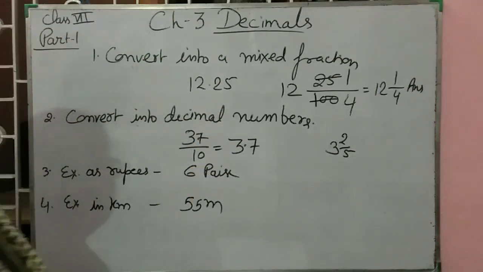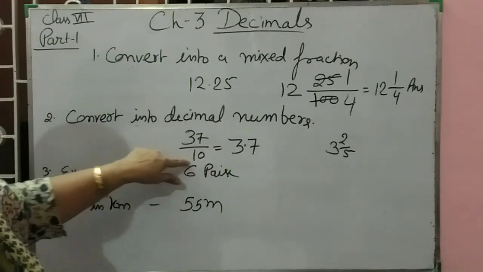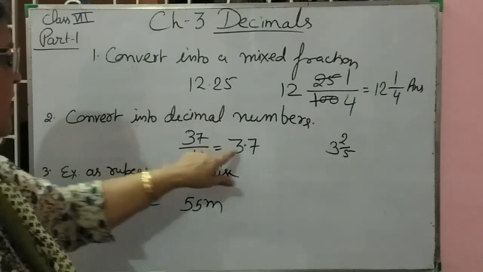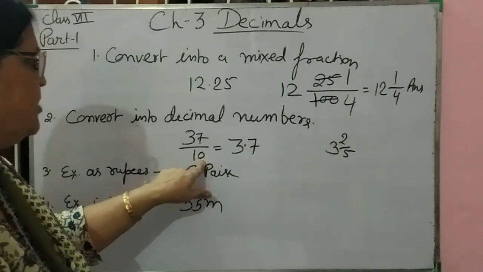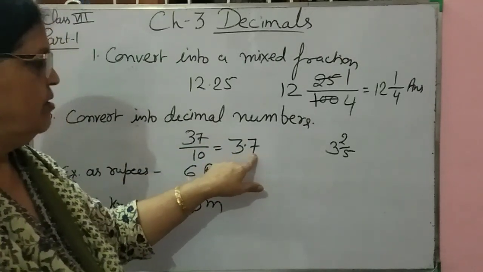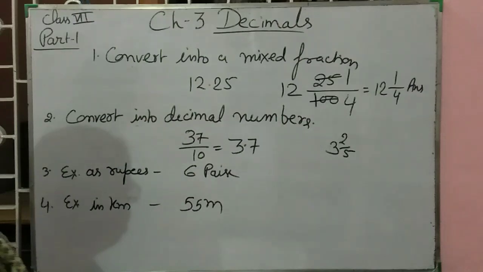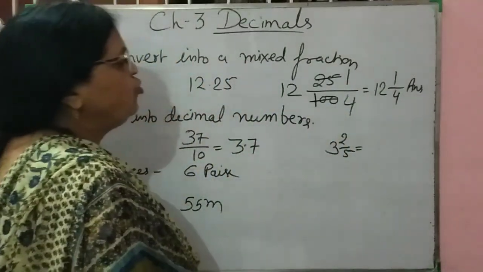Before 1 digit, पुट डेसिमल. डिनोमिनेटर को आपको देखना है, 1 की जगह डेसिमल आएगा. और how many zeros? 1 0 is here. Write down only 1 digit after decimal.